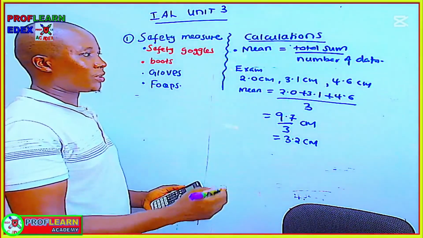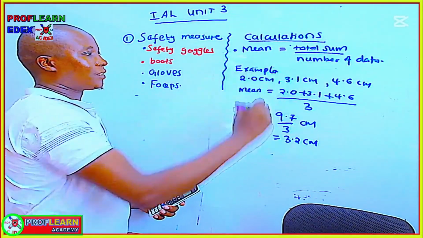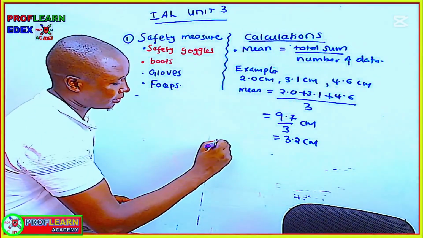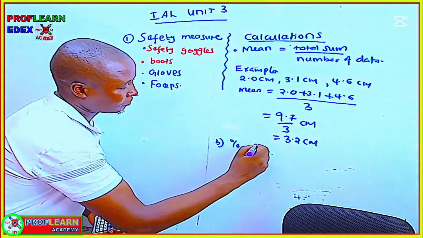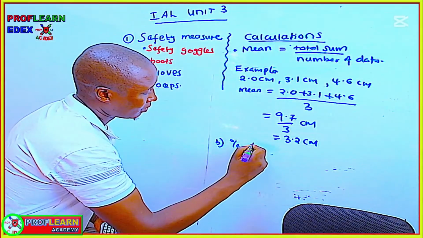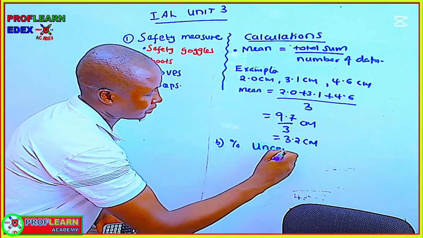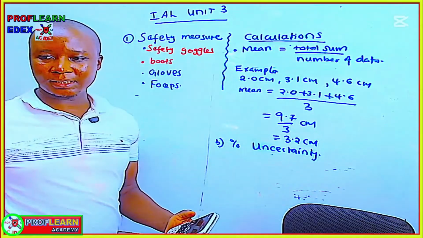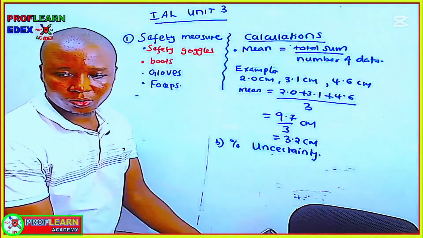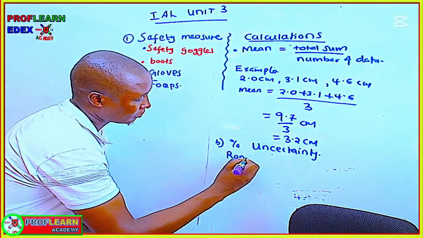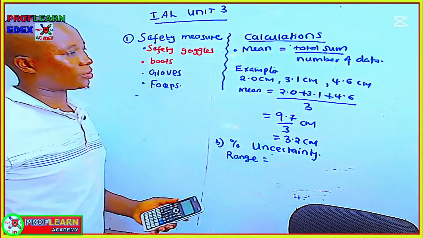Another question that can arise from here is to calculate percentage uncertainty. To calculate percentage uncertainty, what you need to do in this case is first to work out the range of the data that we are given here.